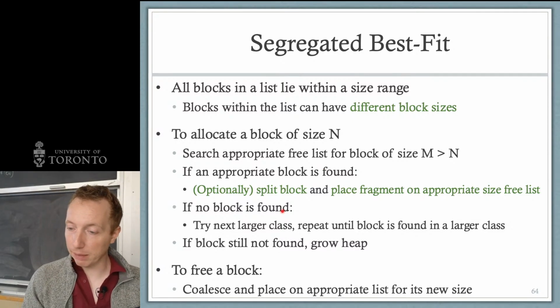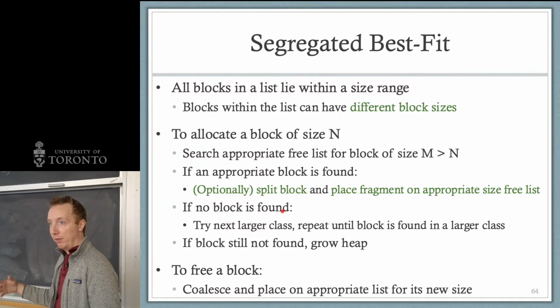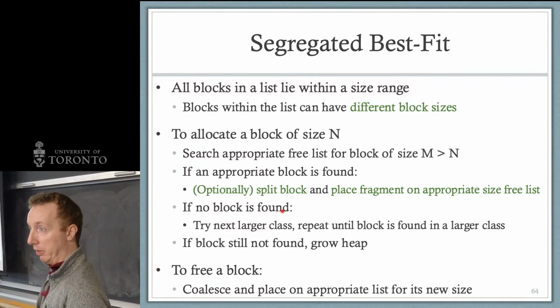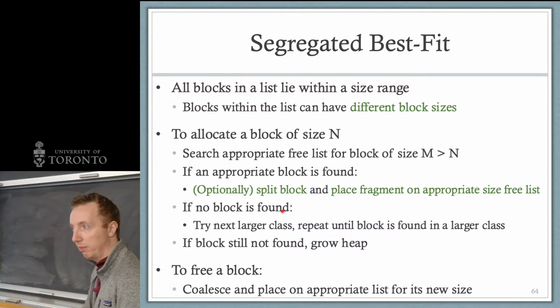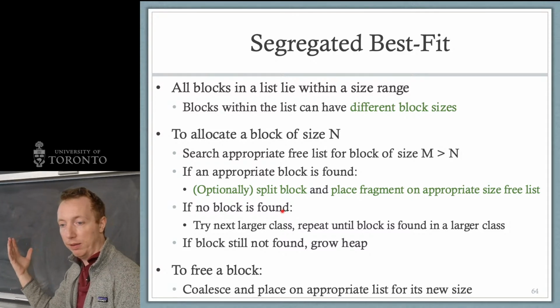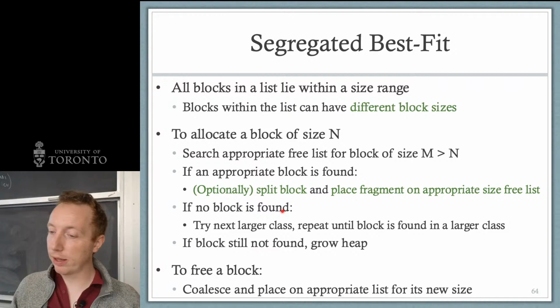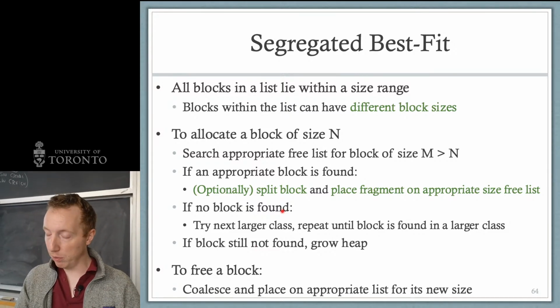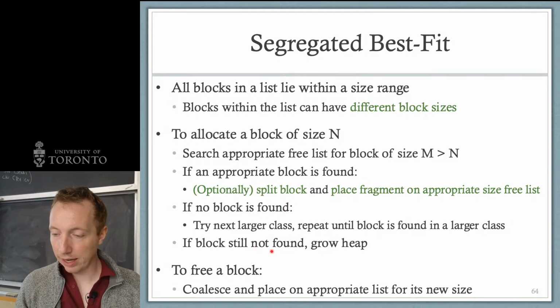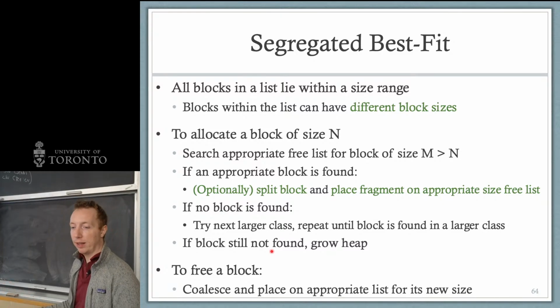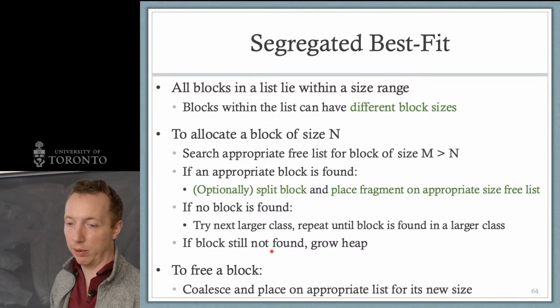If I don't find a block, maybe instead of asking for more heap memory, where I try to have better space utilization, I go to the next size up and see if there's anything free there, then split that and move it in allocation sizes. And if I still can't find anything, then as a last resort, I grow the heap.